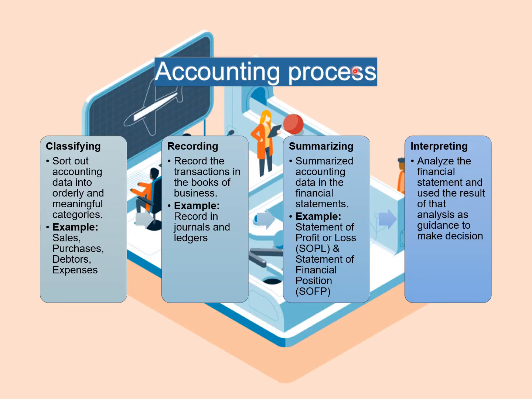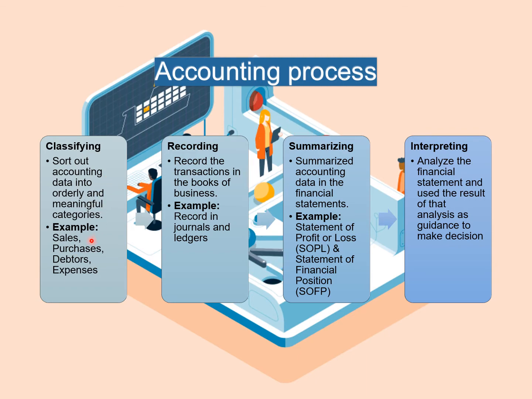Next, kita nak move on accounting process. Okay, so since you dah belajar what is accounting, apa yang terlibat dalam accounting. So accounting adalah satu art untuk you classify, record, summarize and interpret, right? So you need to know what is inside that. Apa aktiviti dalam classifying. So classifying ni adalah kita akan sortkan kita punya data kepada kategori yang related.